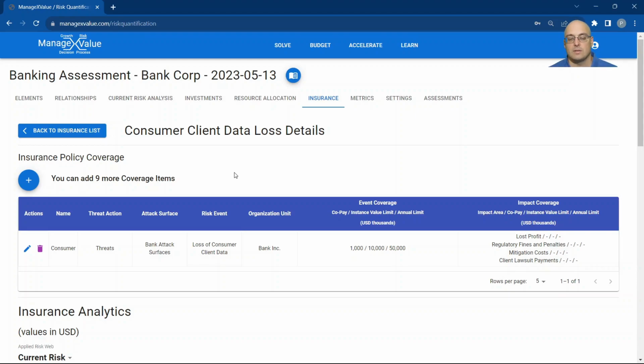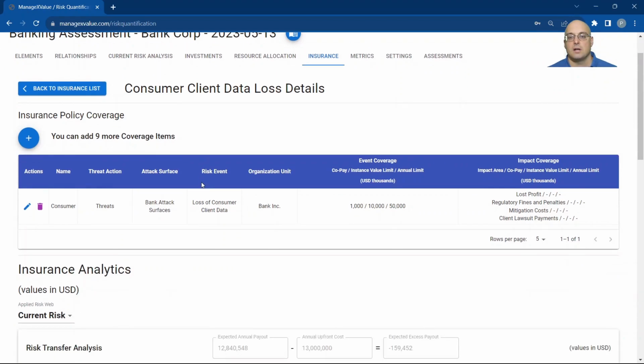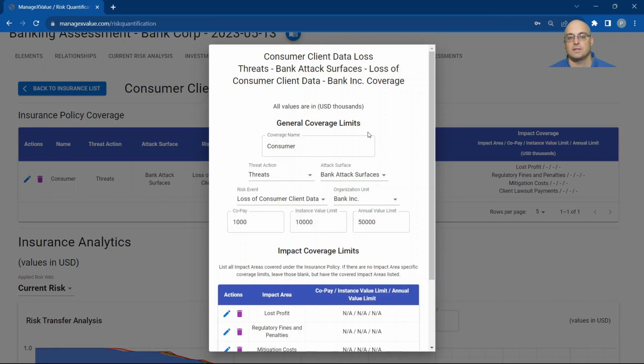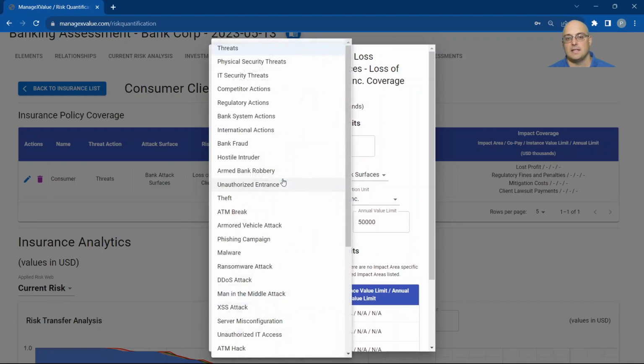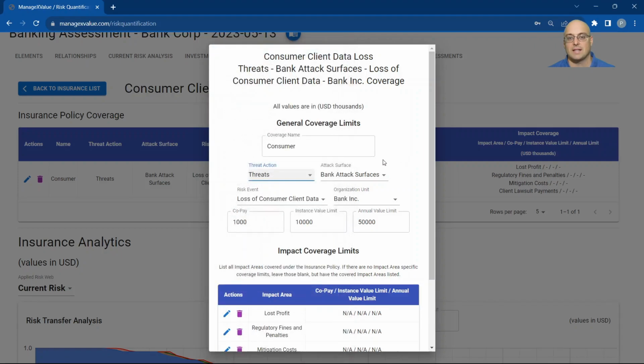When we look at a specific policy for which there is a certain annual premium paid, it is possible that it would be a complex policy with multiple coverage areas. Clients can define up to 10 coverage areas, but for simplicity purposes now we just define one. When you define a specific coverage, again, the slicing and dicing capability of the graph model comes in handy, because you can define any threat areas that you want the coverage to focus on, like cybersecurity threats.